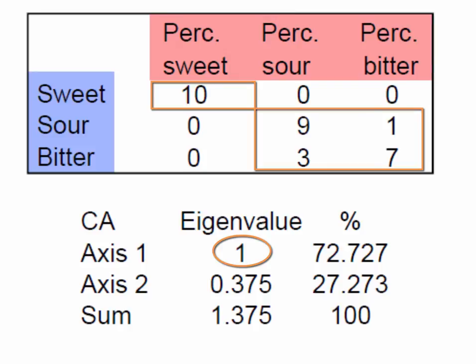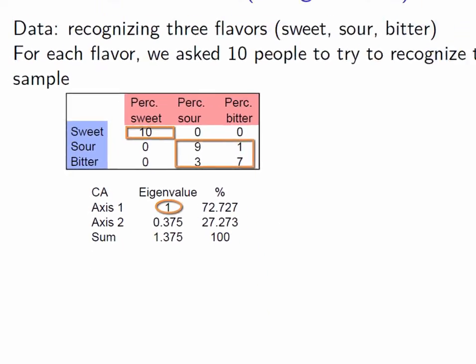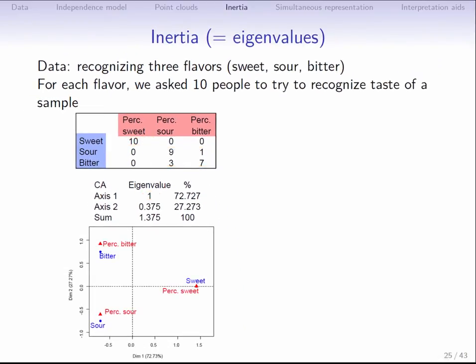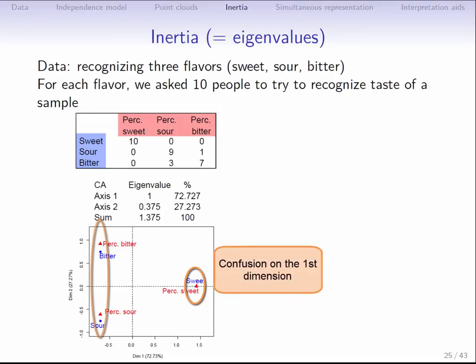For instance, here, sweetness is only ever perceived as sweetness, and no other taste is ever perceived as sweet. We therefore have this eigenvalue of 1. The corresponding plot's first dimension therefore perfectly separates sweet and perceived sweetness, with one point on top of the other, with bitter, perceived bitterness, sour, and perceived sourness all close together on the other side.